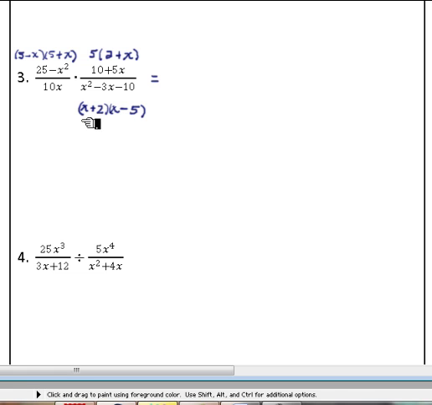Check the middle term. We have minus 5x plus 2x, that's a minus 3x. Okay, so let's start our canceling. Well, here we have an x minus 5 and a 5 minus x. Since these are subtractions in opposite order, we can cancel, but we must remember to replace with a minus 1.